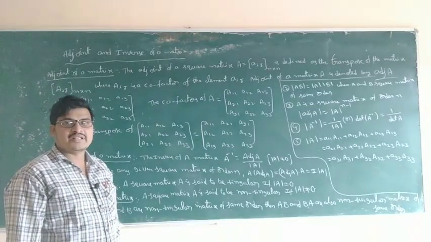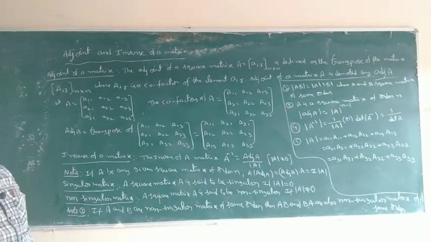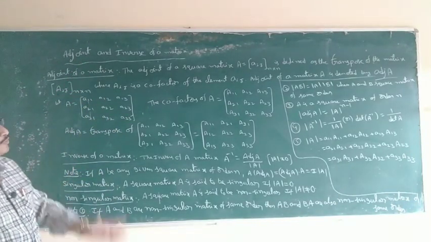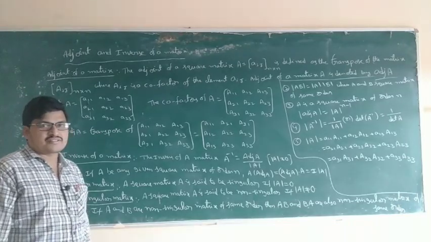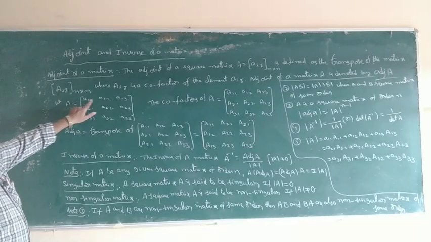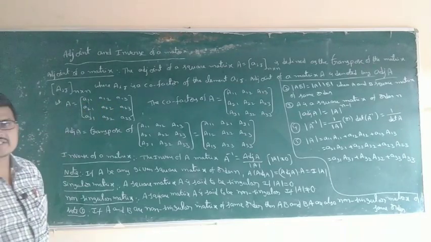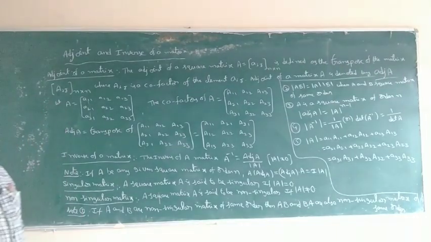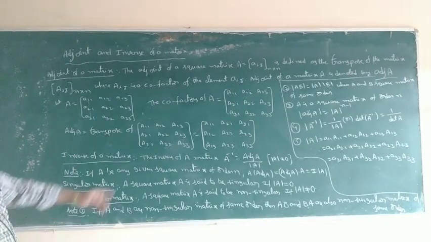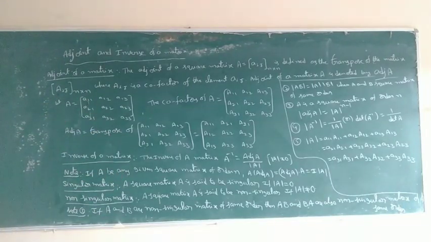The cofactors transpose, simply the transpose of the cofactors of the given matrix. First we have to find each element's cofactor, then the transpose is called adjoint A. Simply, the transpose of the cofactors of the elements is called the adjoint A.